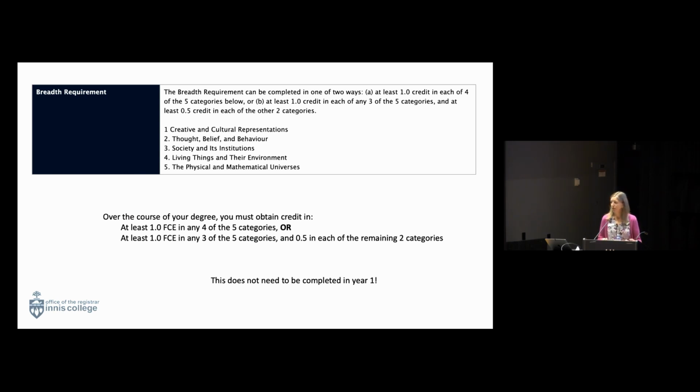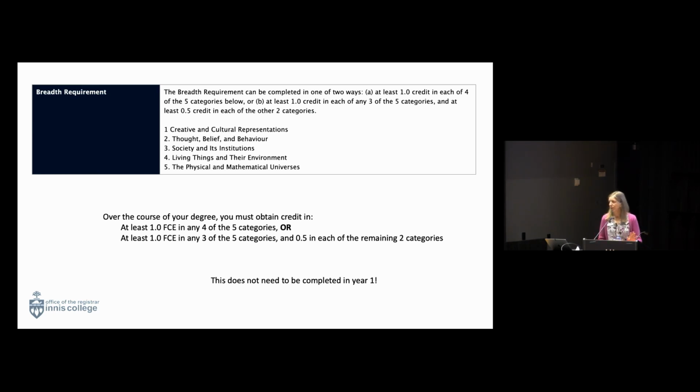Society and its institutions would be courses from history, political science, sociology. Thought, belief, and behavior would be religion, philosophy, psychology. And creative and cultural representations, cinema studies, English, other languages, art. These kinds of courses would fall under here.